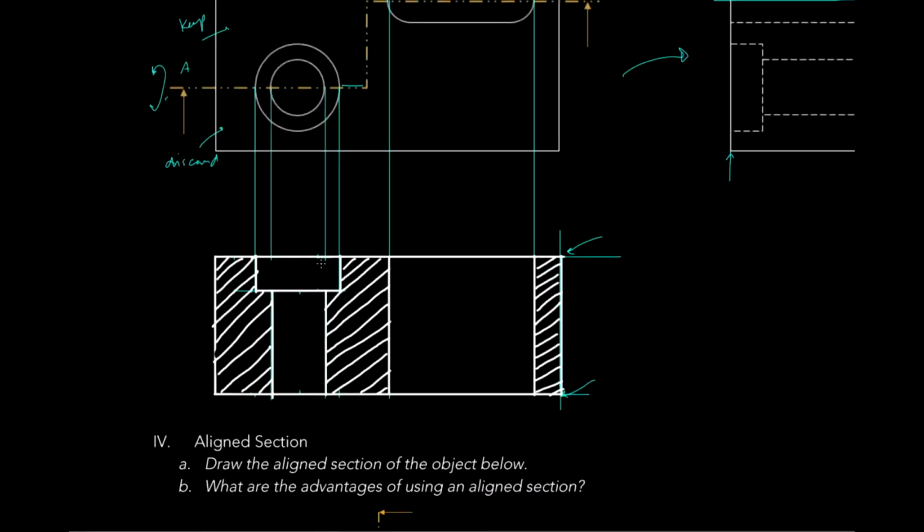So, eto, if you notice, dito sa portion na 'to, dapat pala I should have done it na separate. Okay lang 'yan. So, if you notice class, etong portion na 'to is separate from this portion, and it makes sense now because this plane right here, itong curved plane na to is different from this curved plane.